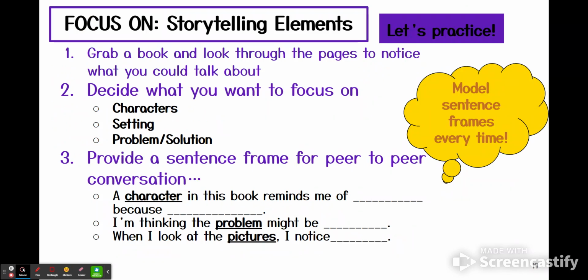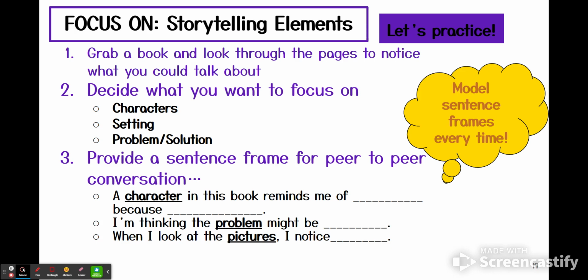If you wanted to practice storytelling elements, you could grab a book and look through the pages to notice what part of the story you want to talk about. You can decide what you want to focus on. Maybe it's the characters, the setting, the problem, solution.